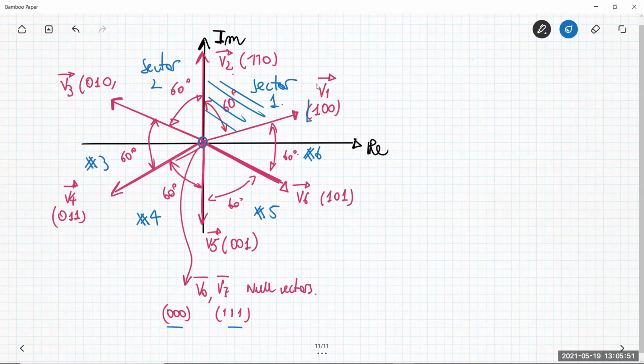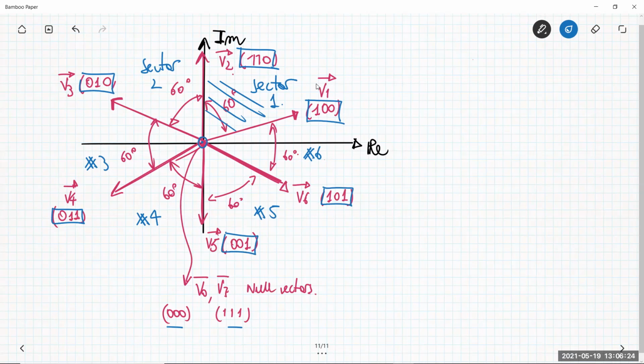Then let's have a look at the switching words related to each of these space vectors. These are highlighted in this way. For example, V1 has 100. Remember, 100 means the sequence Q1, Q3, Q5. Nearby vectors V2 and V6 are respectively 110 and 101.